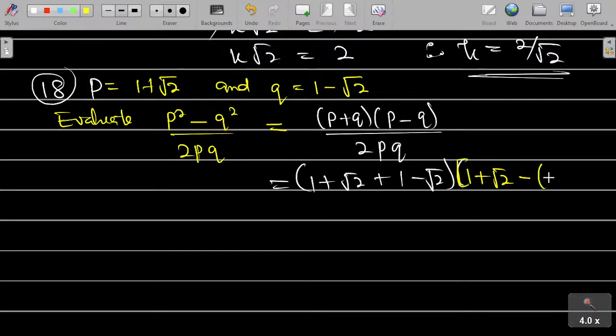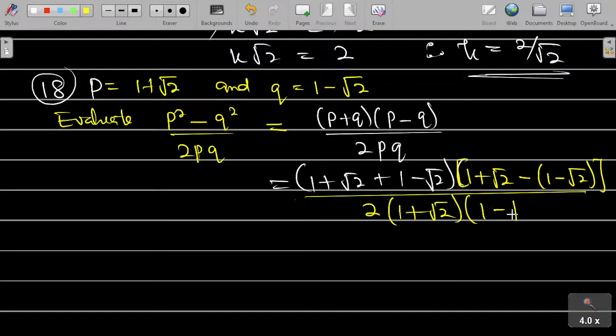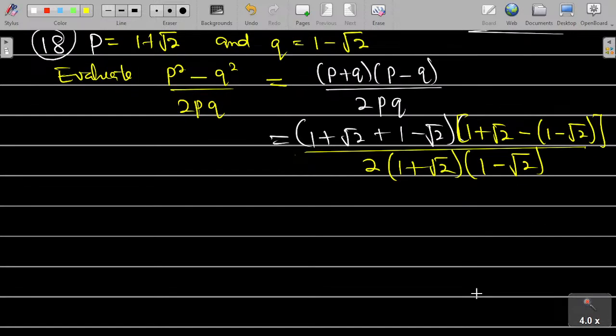So here will be 1 minus root 2. Okay, close the bigger bracket. This is all over 2 times our P is 1 plus root 2, and our Q is 1 minus root 2.